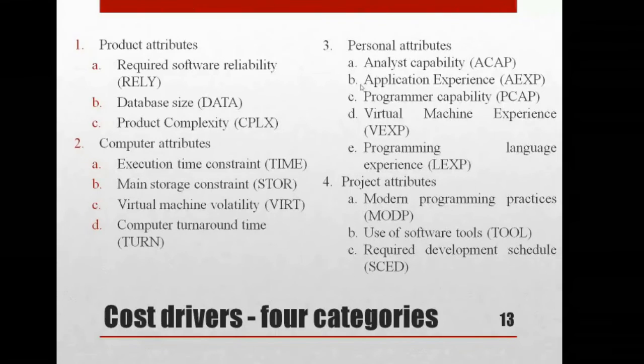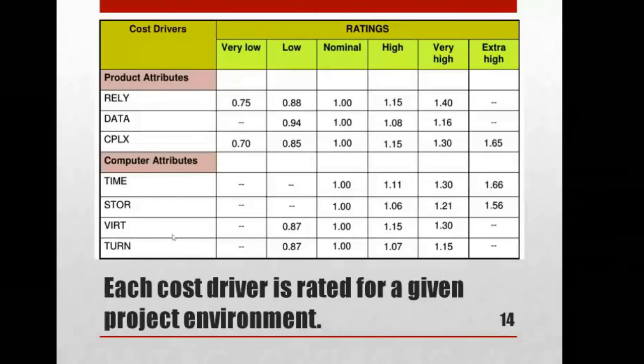So these attributes are taken into account. In each attribute, they have given a constant value based on previous project experience. See here, the ratings are given for each attribute. For example, required software reliability, that is RELY: the rating for very low is 0.75.